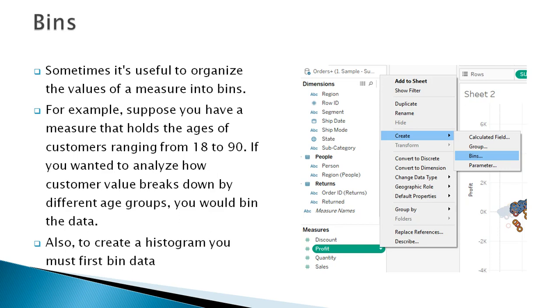For example, if I have the age of customers and want to classify them into different buckets or ranges based on age, bins would be most useful. Bins are also useful to create histograms in Tableau.